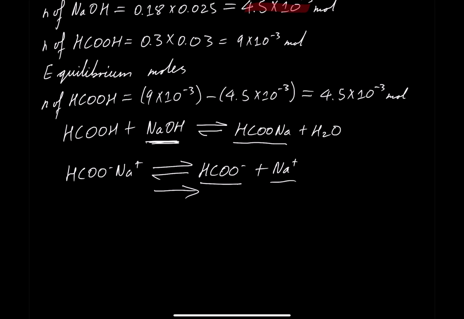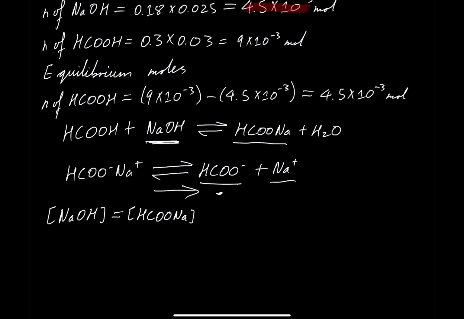We said that with the first one, the concentration of sodium hydroxide is the same as the concentration of our salt, right? And our salt fully dissociates into this A minus here. Therefore, we can say this. We know that the concentration of sodium hydroxide is the same as the concentration of our salt.